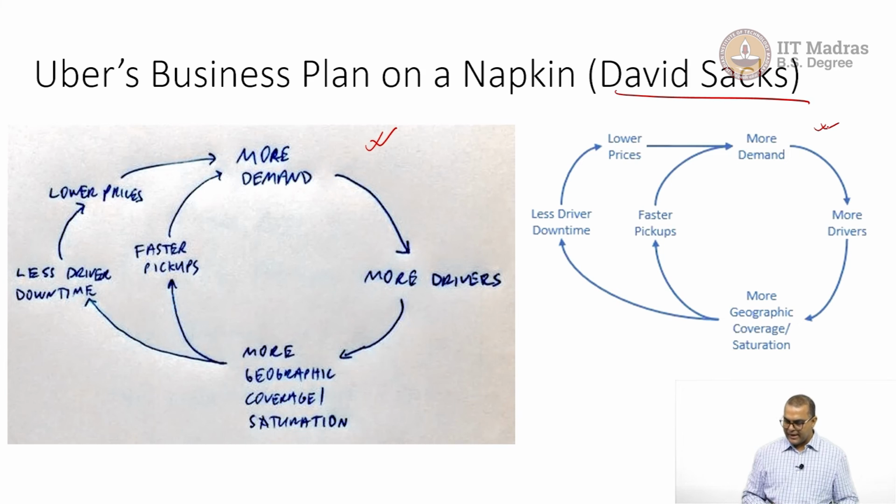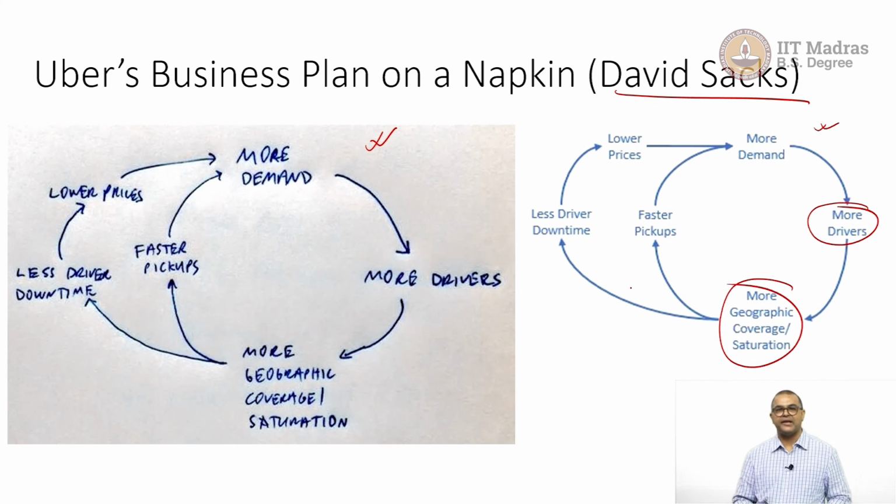So we can say, let us start from here, that if there are more drivers, then what would happen? They would cover more geographical area. If they cover more geographical area, more drivers, there would be faster pickups. And if there is a faster pickup, there will be more demand for Uber services.